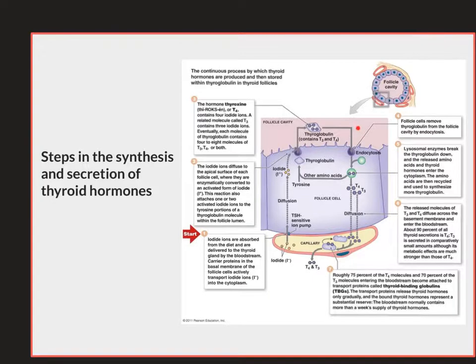Droplets of colloid are going to re-enter the cell by pinocytosis, or cell drinking, which is a form of endocytosis. Once they re-enter the cell through this form, they are going to merge with lysosomes. The enzymes within the lysosomes are going to break the thyroglobulin from the molecules of T3 and T4, releasing them back into the cytosol of the cell.